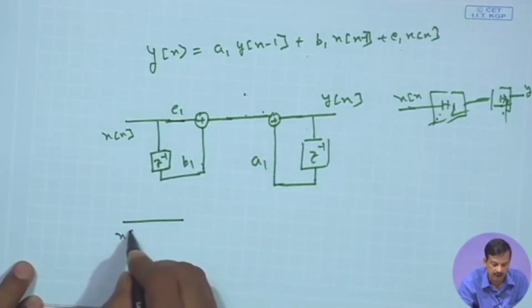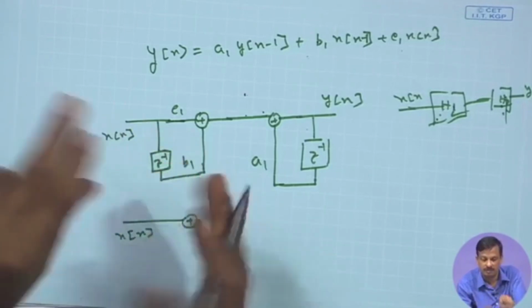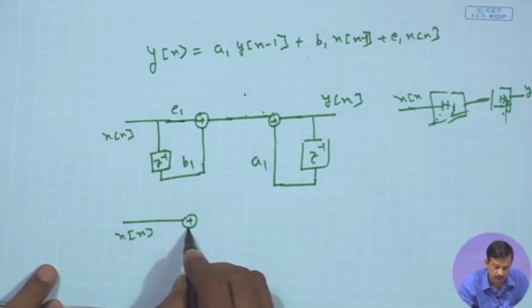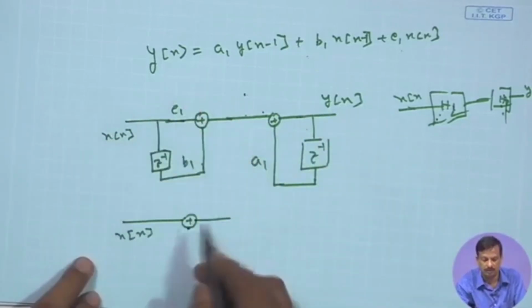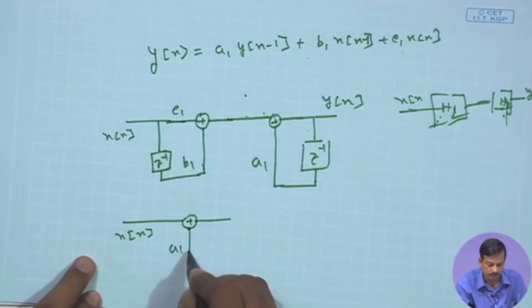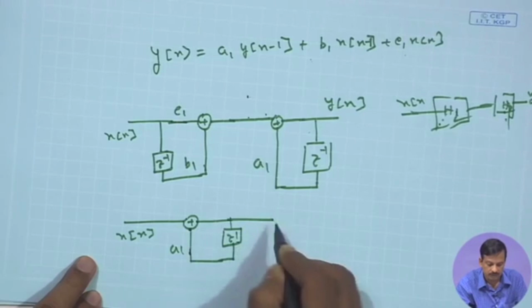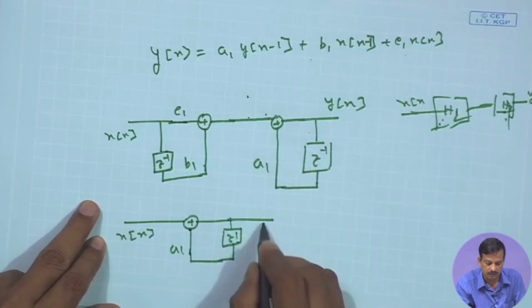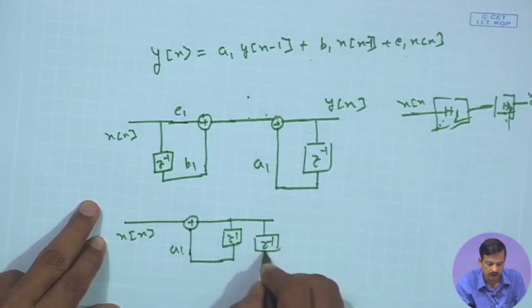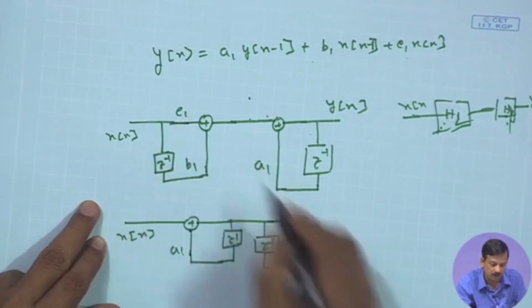So I can say x n plus a 1 z to the power minus 1 on this side, then z to the power minus 1 plus b 1 on the other side. And c 1 will be there.